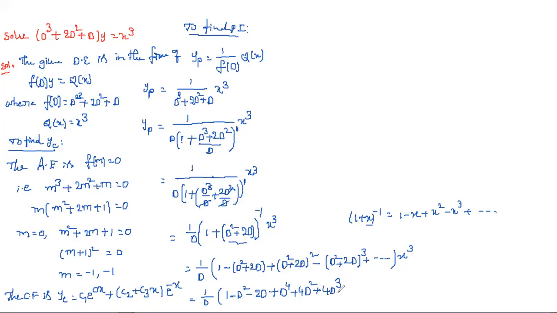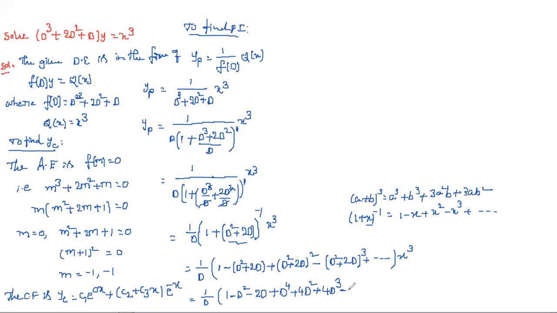Next, coming to this. This is in the form of (a plus b) whole cube. The (a plus b) whole cube formula is a cube plus b cube plus 3a square b plus 3ab square. Apply that formula, but here it is having minus, so each and every term will get minus.